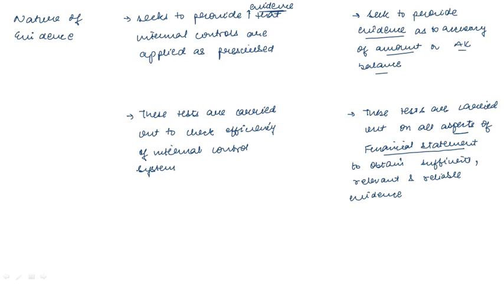Right? So compliance tests are carried out to check the efficiency of the internal control system, whereas substantive tests are carried out to check all aspects of the financial statement, so that the information in your financial statement is sufficient, relevant and reliable.